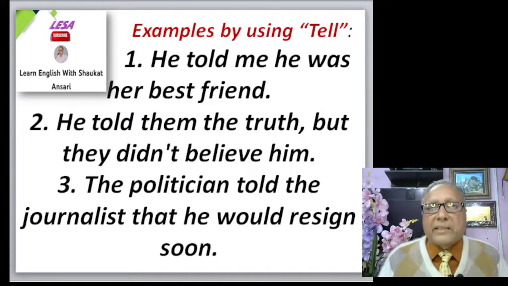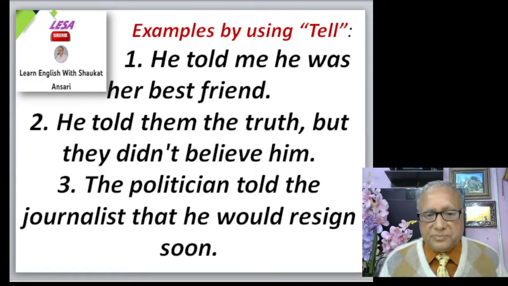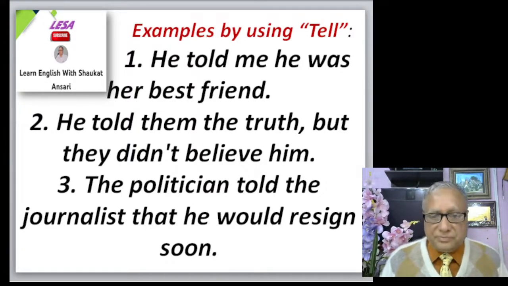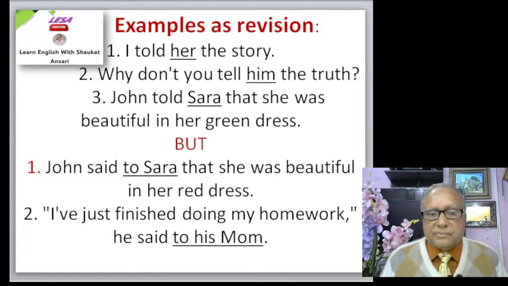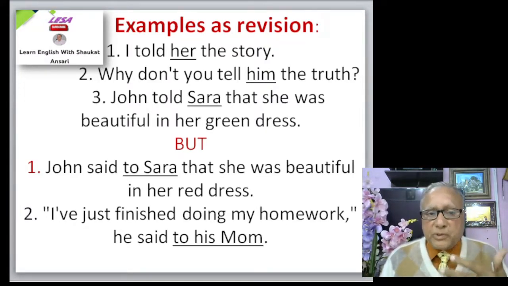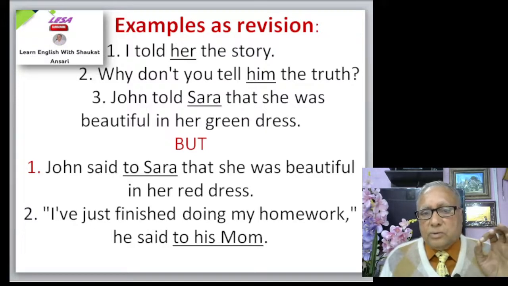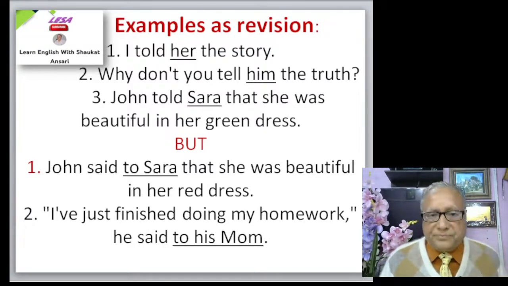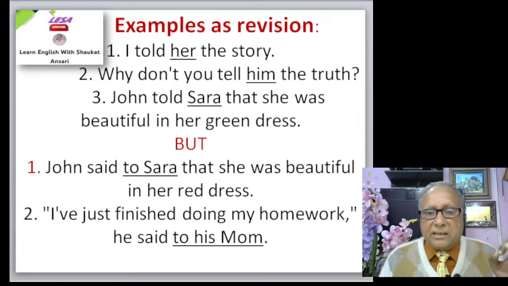Sentence number 3, the politician told the journalist that he would resign soon. I think through these 3 examples pertaining to say, and 3 examples pertaining to tell, are done for your understanding. Now, examples as revision. I told her the story.